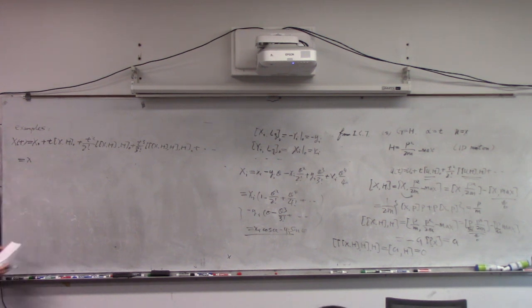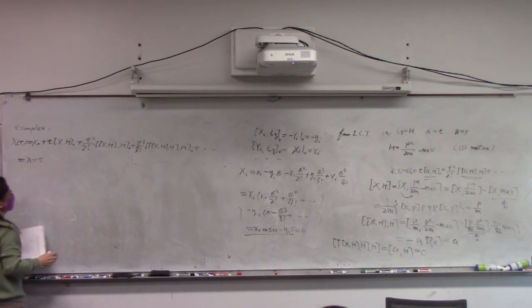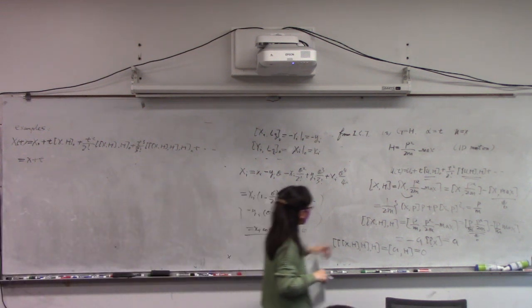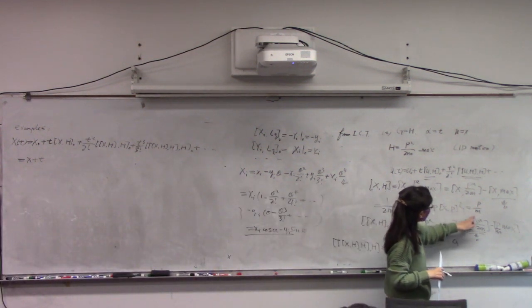I use lower x. The first one plus t, and then the first commutator, Poisson bracket, is p over m.